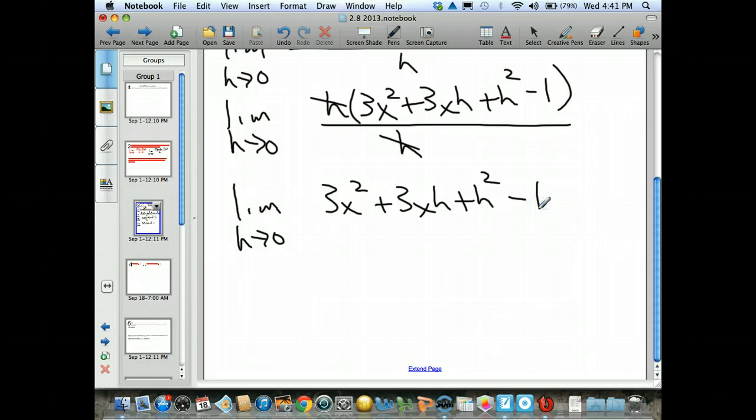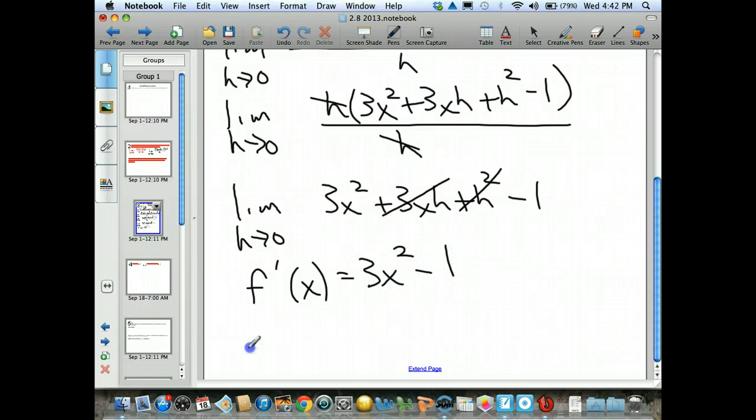Now we can take the limit by direct substitution. These two terms go to 0 because h is going to 0. So our derivative function, f prime of x, is equal to 3x squared minus 1. It's the same thing that we did at a specific point, but now we're viewing this as a function. So we can find the derivative at any point on that function given this f prime of x, which is 3x squared minus 1.